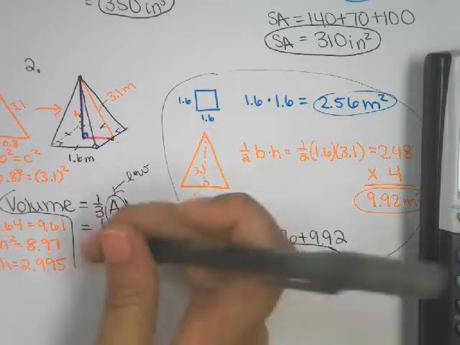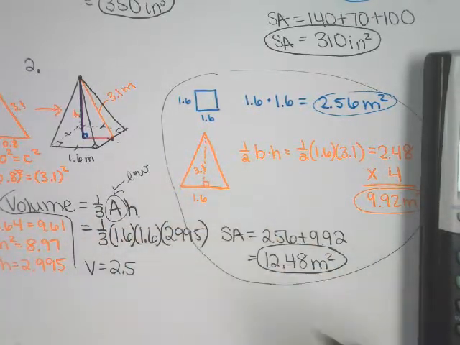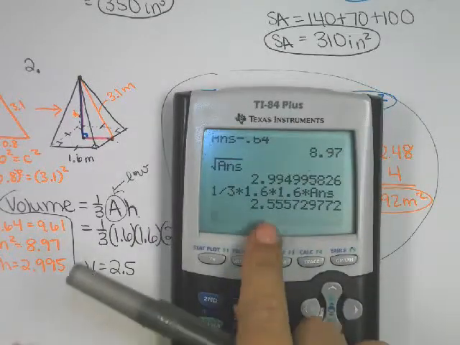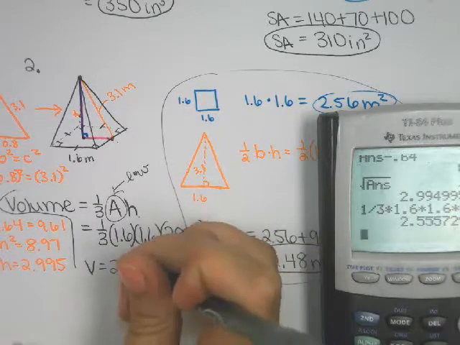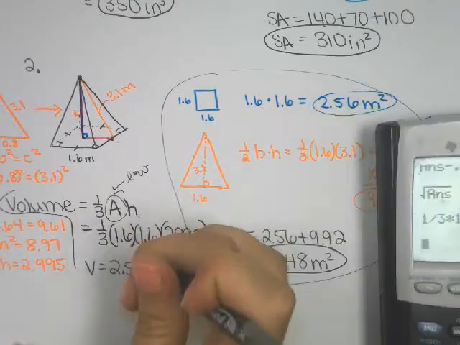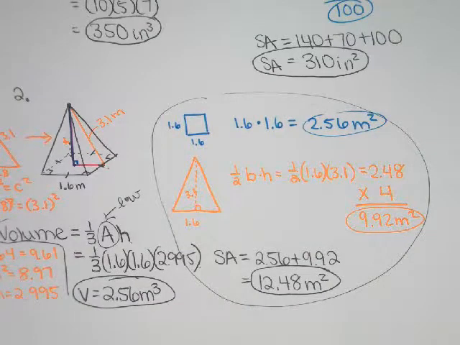So our volume for this figure, the space inside, is 2.5. I'm going to do 3 sig figs for practice. So 2.55, but that 5 rounds it up to a 6 cubic meters. Okay. Might have been a while, but those are both topics from geometry.